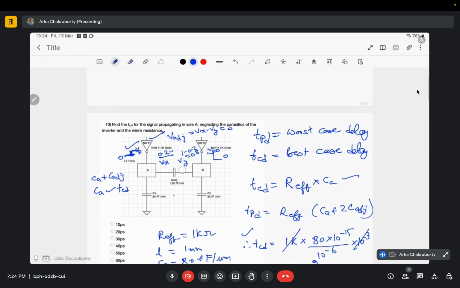Initially the Vx and Vy were such that the potential difference across this got cancelled, but now the potential difference would be such that they cumulatively sum the effect, and the net capacitance that I would need to charge would be double the initial value. And why double? If it was 0.2 volt more than the reference, now it has become 0.2 volt less than the reference.